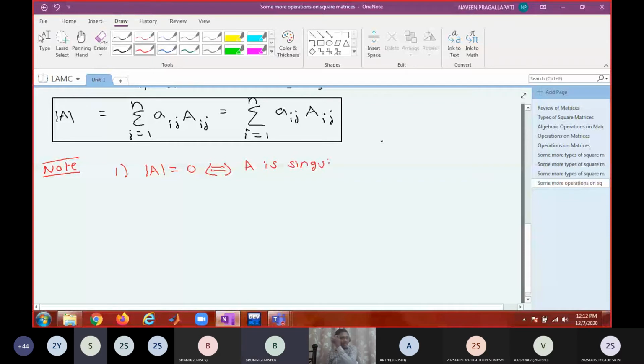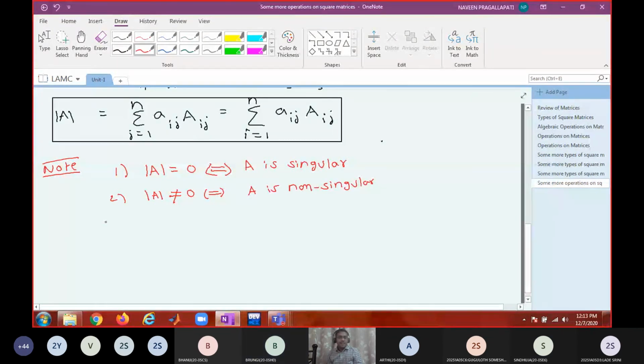So what do you mean by a non-singular matrix? Det A not equal to 0; they are said to be non-singular. Both are equivalent statements. Det A not equal to 0 means A is non-singular.